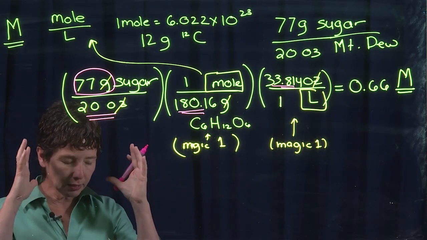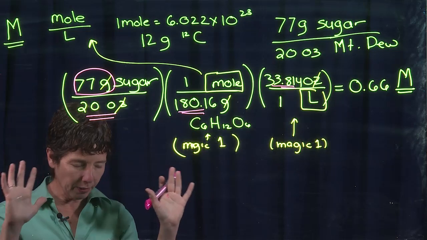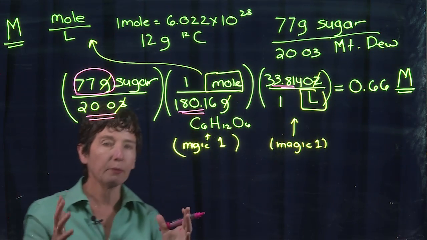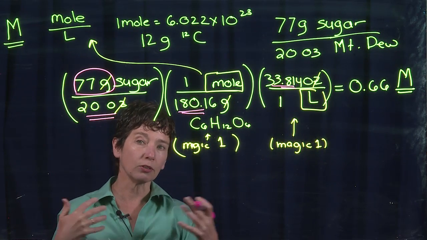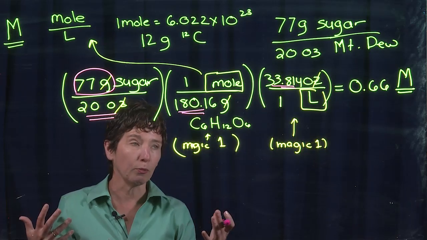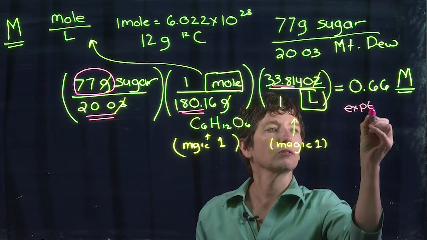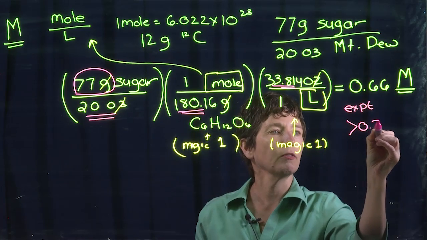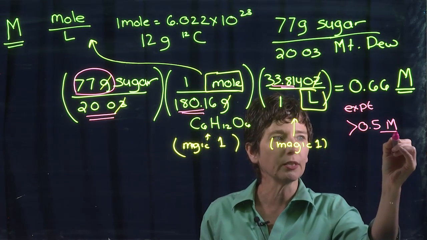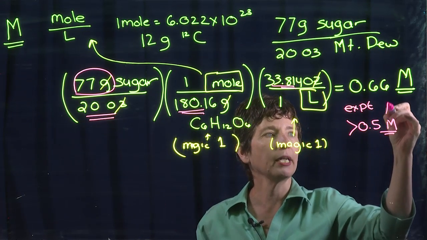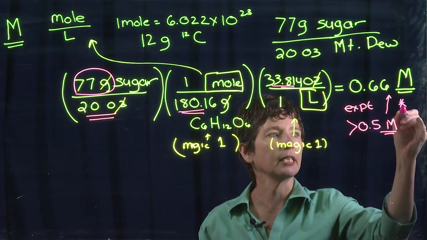Without getting my calculator out, I'm going to expect that my final answer is going to be slightly more than a half a mole per liter, and I see that it is.